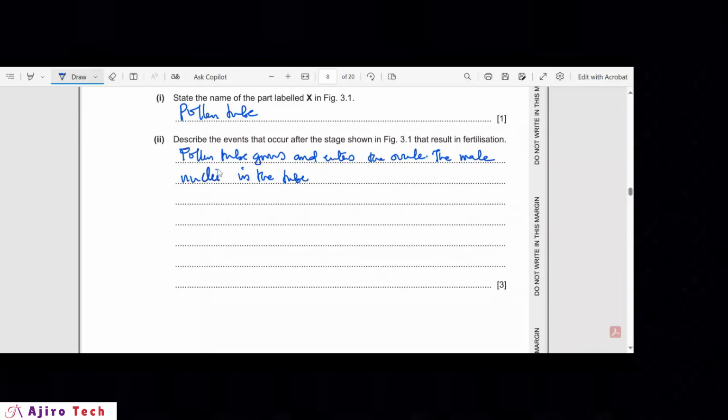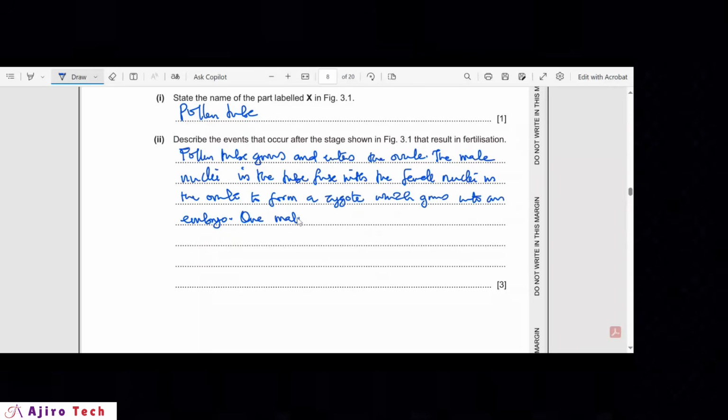There are actually two male nuclei inside. So the male nucleus in the tube fuses with the female nucleus in the ovule to form a zygote, which grows into an embryo.